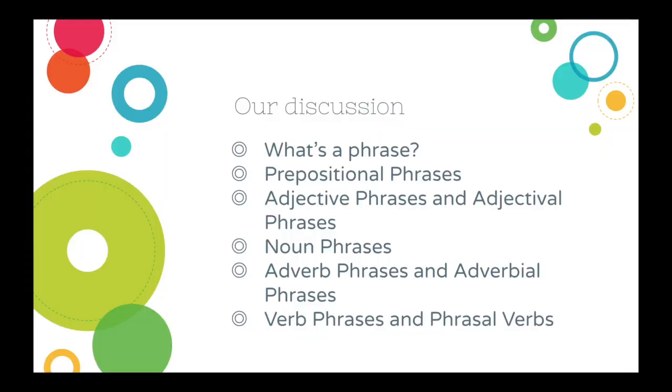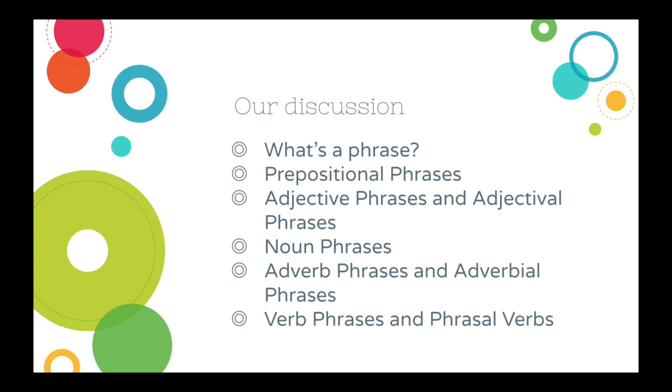In this video we're going to talk about 6 things. First, what's a phrase, and then prepositional phrases, and adjective phrases and adjectival phrases. They are different, and we'll discuss where the differences are. We're also going to talk about noun phrases, adverb phrases and adverbial phrases, and lastly phrases and phrasal verbs.